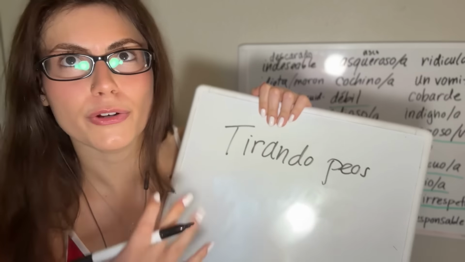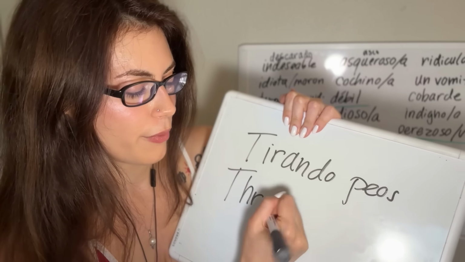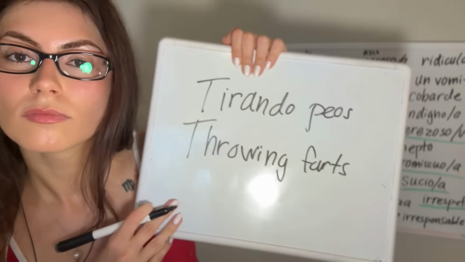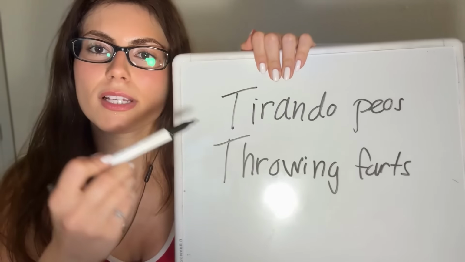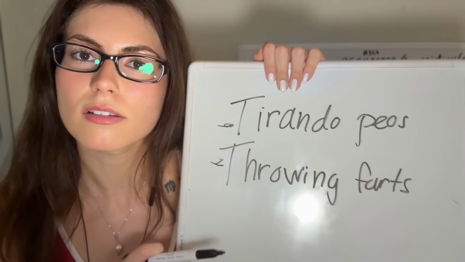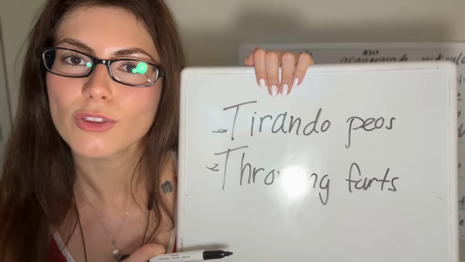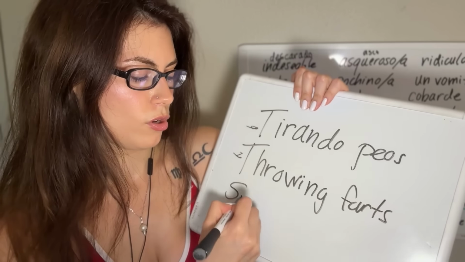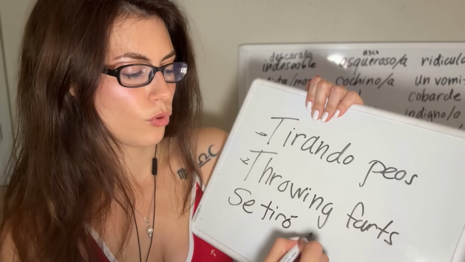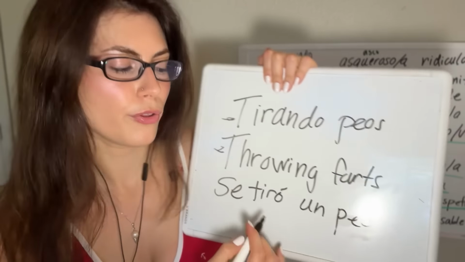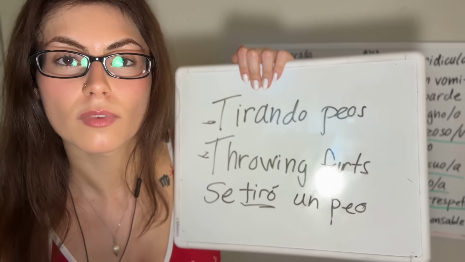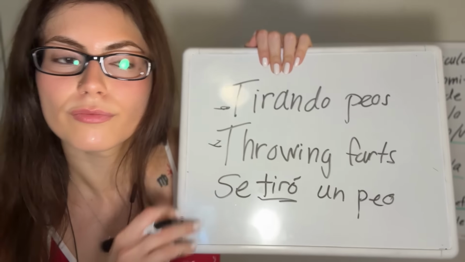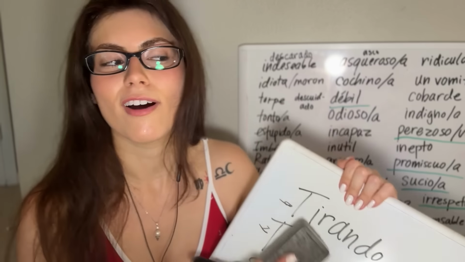The direct translation of this is throwing farts. That's literally the translation of this term, throwing farts. Tirando peos. Se tiró un peo. So the past tense of this word, throw: se tiró un peo. He threw a fart. He farted.